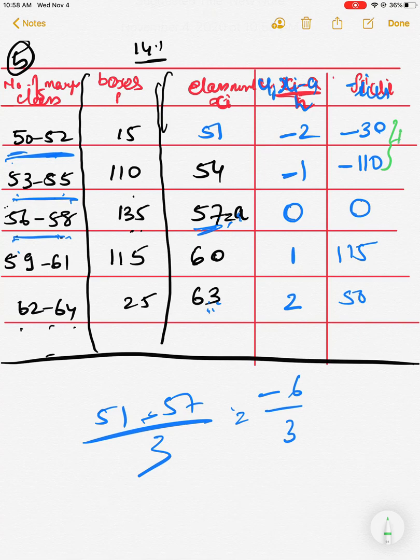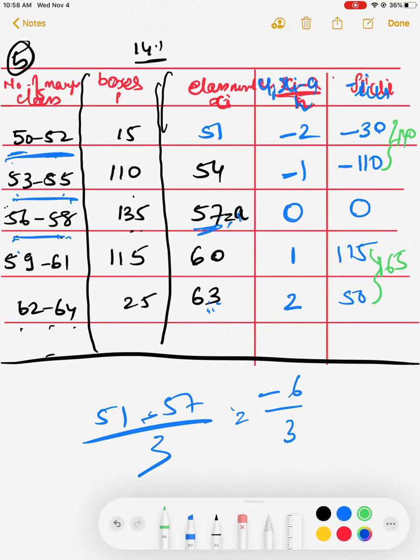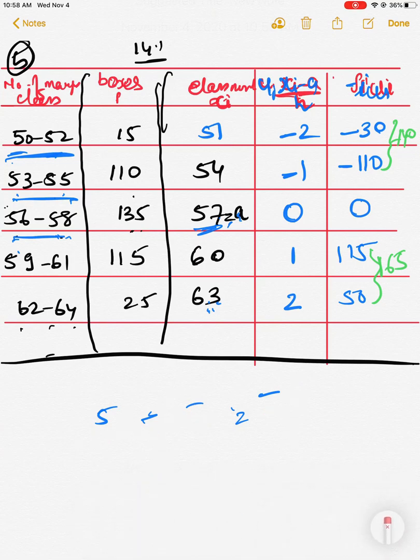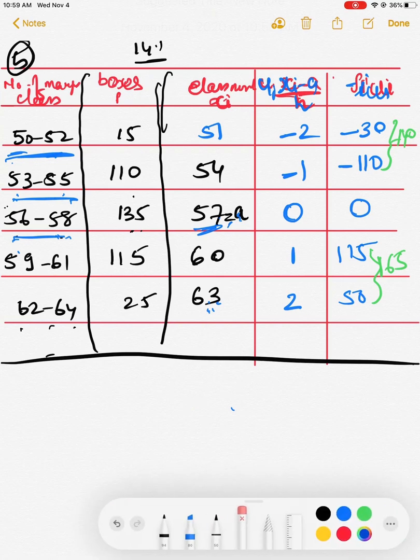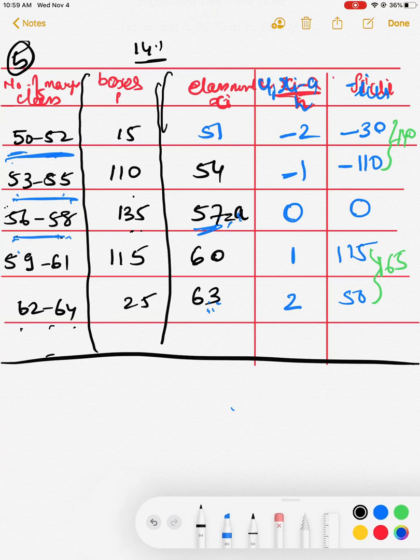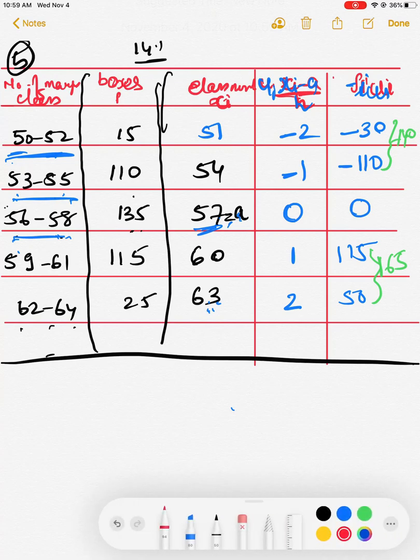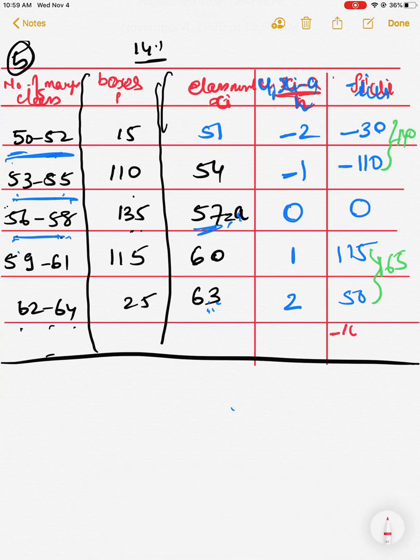Here the negative sum is minus 140, and the positive sum is 165. Minus 140 plus 165 is equal to 25.